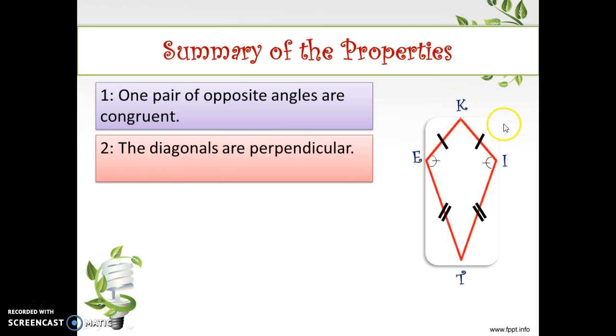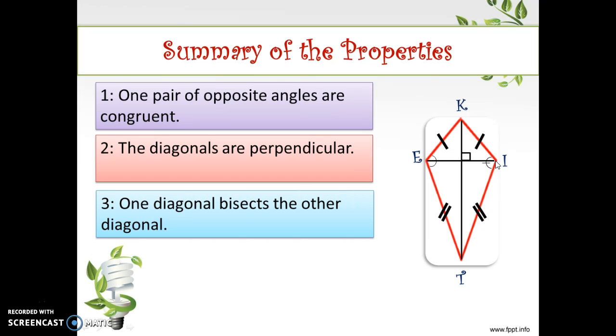The next property states that the diagonals are perpendicular. So diagonal KT or line segment KT is perpendicular to line segment EI. And since they are perpendicular to each other, they form a right angle.